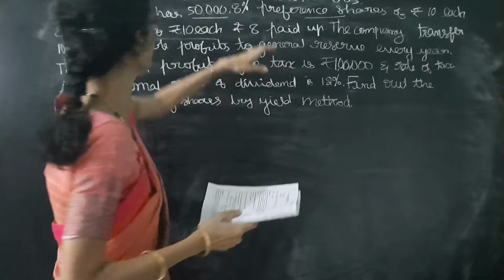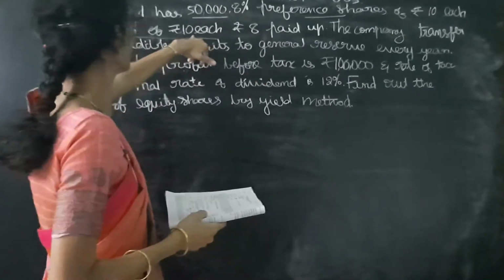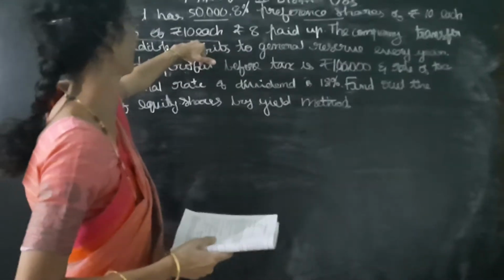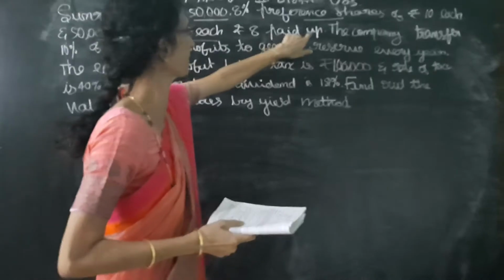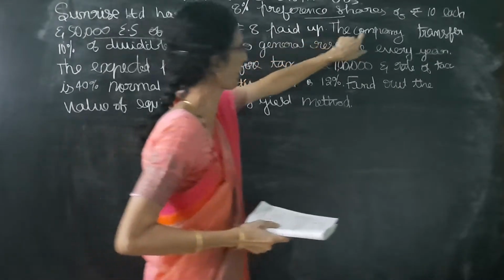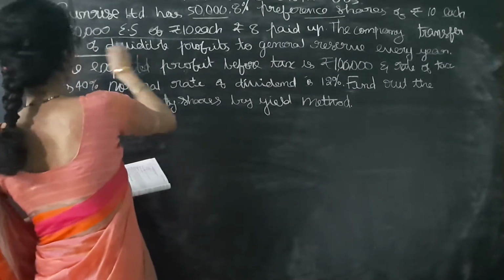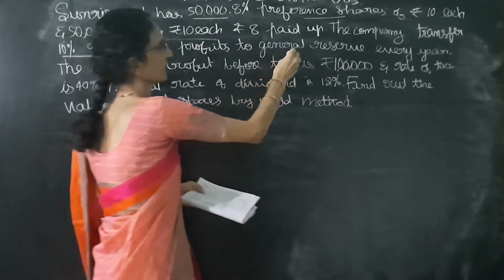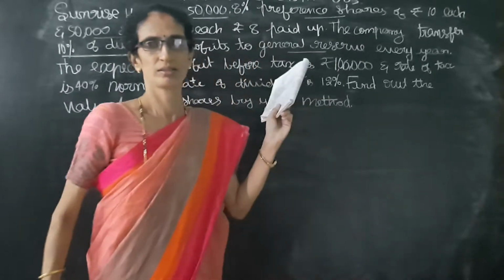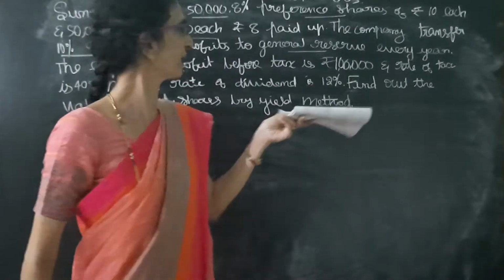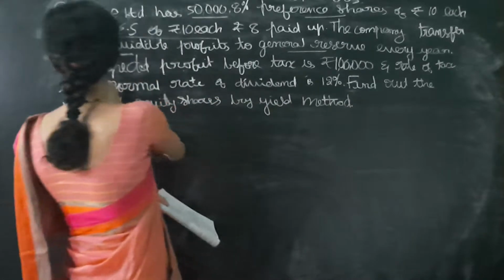See, in this problem, preferred shares and equity shares are given, and rupees 8 paid up. The company transferred 10% of dividend profit to general reserve. So, as it is, 10% is general reserve every year.